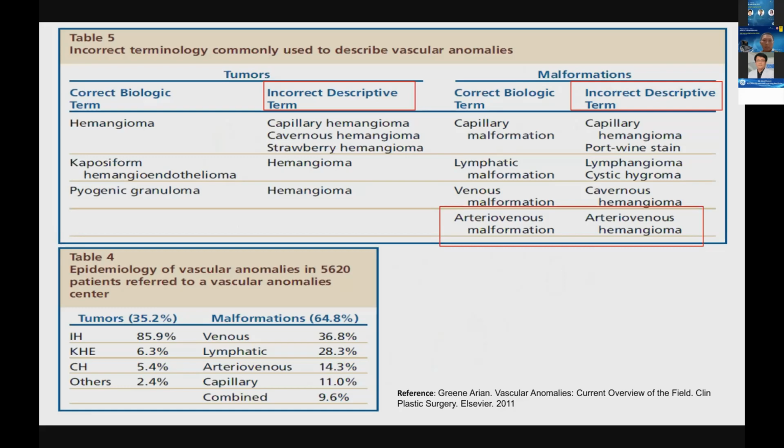I always show this slide because it's very important for us to establish the diagnosis more clearly. Because many of our colleagues also use diagnoses like capillary hemangioma, cavernous hemangioma, and also arteriovenous hemangioma; the correct biologic term is arteriovenous malformation. This is a very important slide, I think.